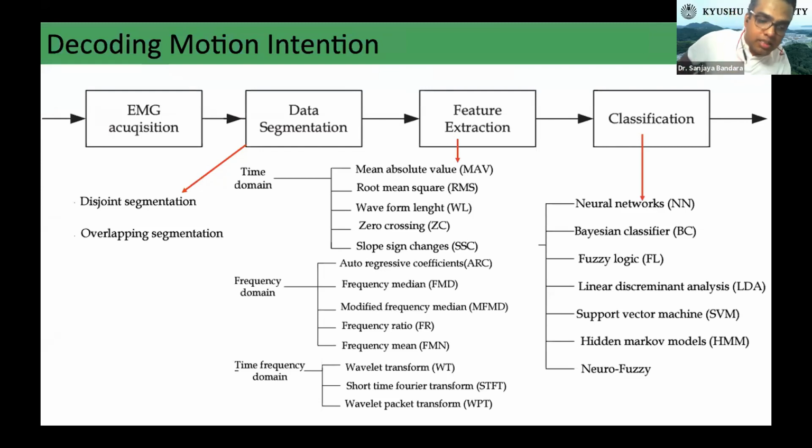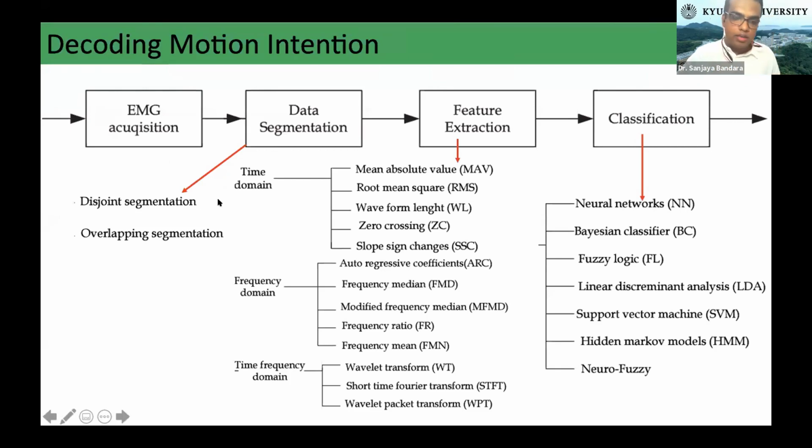In data segmentation, we mainly have two types: disjoint segmentation and overlapping segmentation. How we segment data into time windows is important, because the EMG data contains temporal information, which we need to enhance. So we should be very careful that we do not destroy the information it contains.